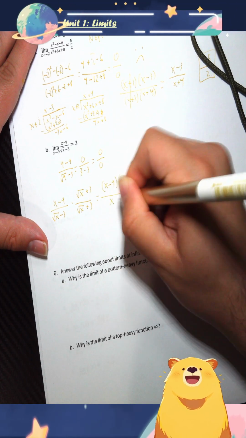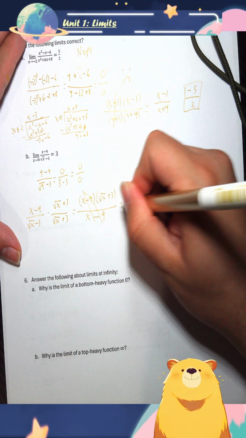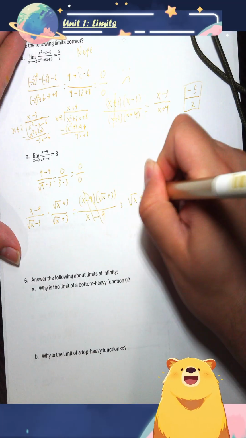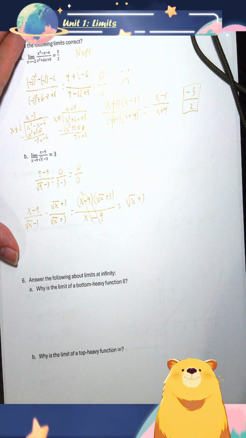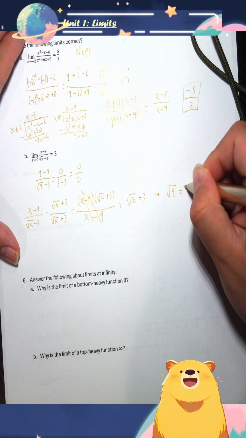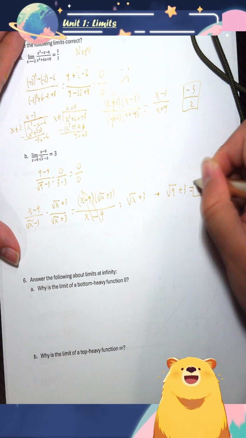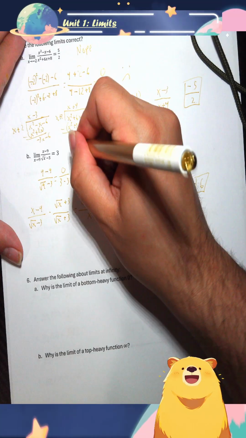And I get x minus 9. Oh, that'll cancel it out, and you're left with square root of x plus 3. Now you plug it in and you get square root of 9 plus 3, which is just going to be 6. And again, that's not the correct answer. No.